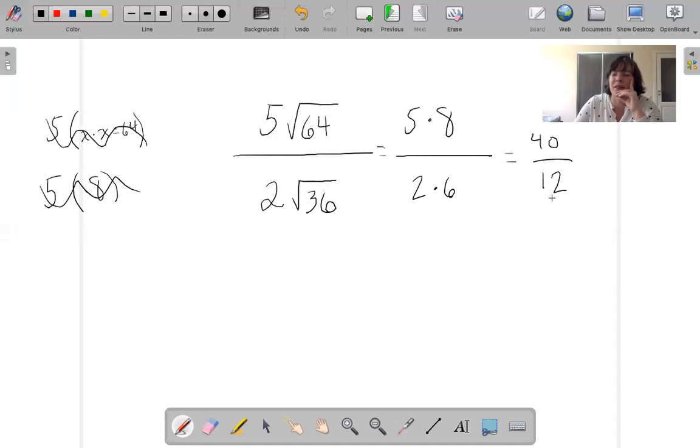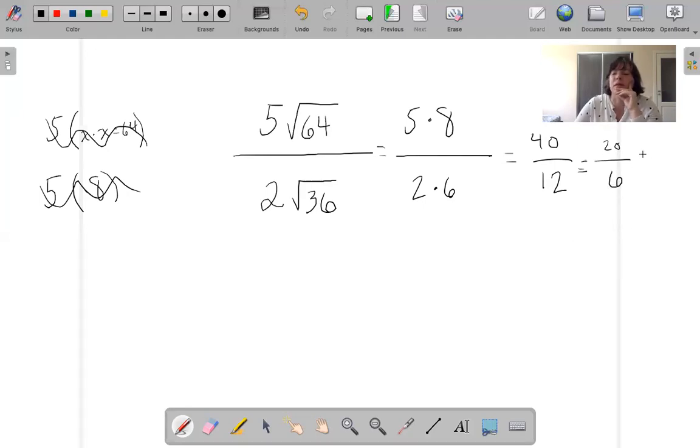Now we can simplify. I see 2 goes into each one of those. 2 goes into 40 20 times. 2 goes into 12 6 times. There we go.